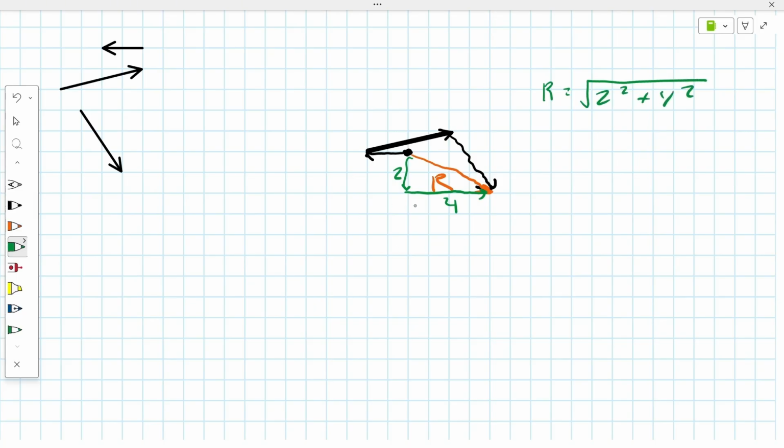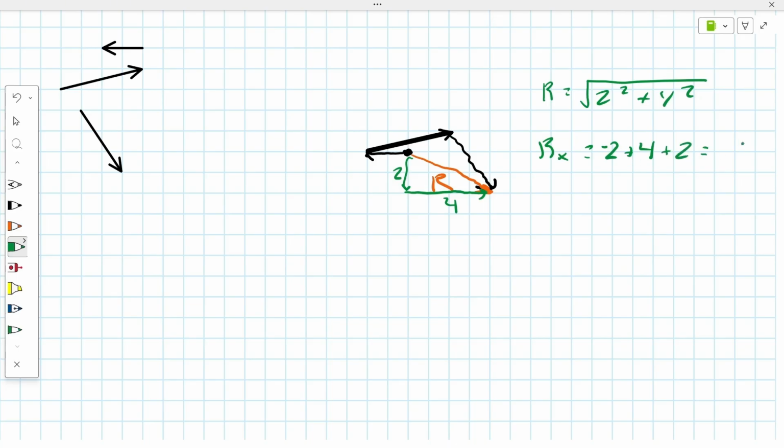But we could also add up each component as we've done before. So we could find this Rx, which will be 2 to the left, so we'll denote as -2, plus 4 to the right, and then another 2 to the right.